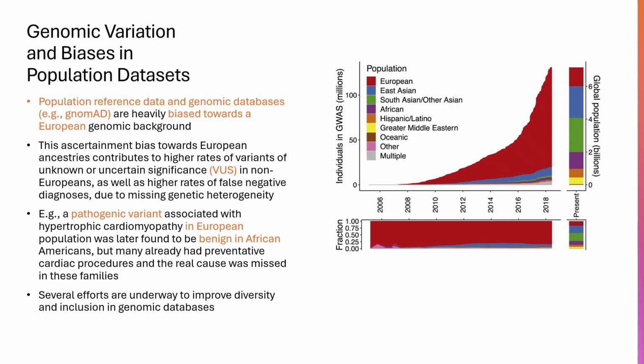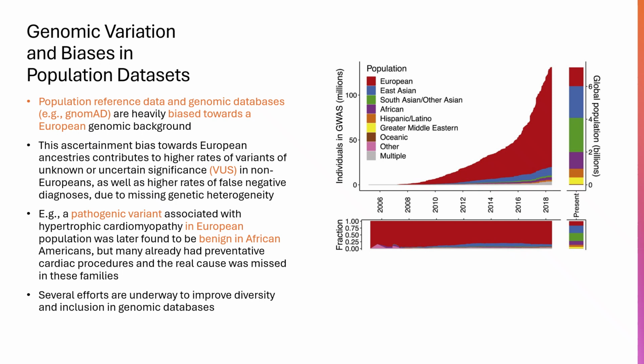But later on it was found that this is not the case in African populations. It's only the case in European populations. So the real cause was missed, and lots of people ended up having unnecessary cardiac procedures, because this particular pathogenic variant or mutation only applies to the European population and not to the African American population.